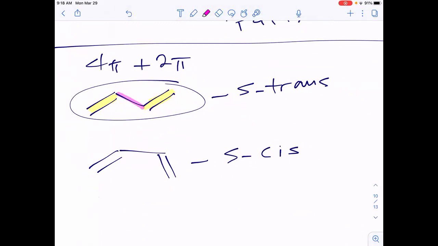If I were to draw it, I could also draw it like this. So now you can actually see that the 2 alkenes are on opposite sides of the sigma bond.